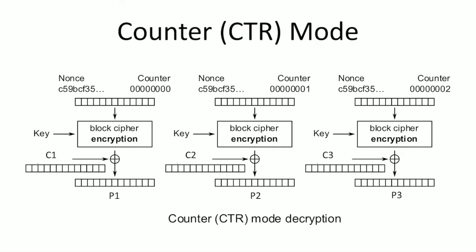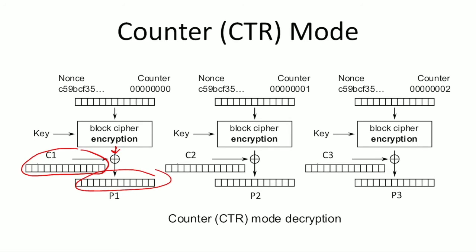This figure shows the decryption using block cipher in counter mode. Again, here we need to first generate a key stream that can be XORed with the ciphertext block. To generate this key stream, we first encrypt the counter value using the secret key and block cipher encryption algorithm, and then we XOR this key stream with the ciphertext block to get our plaintext block.